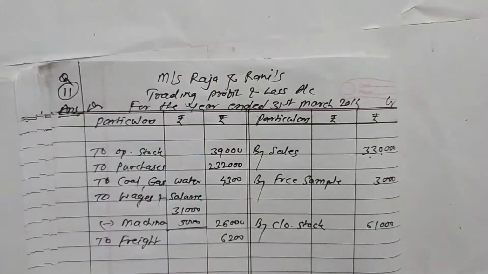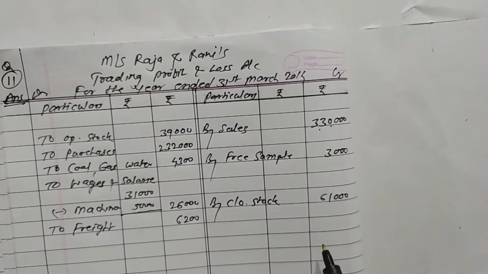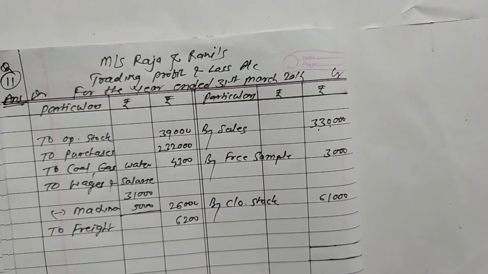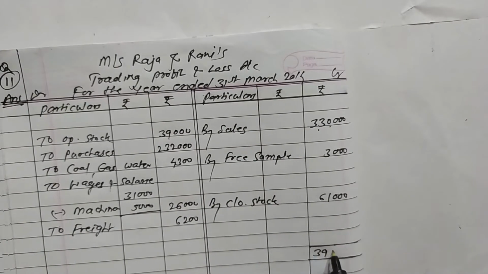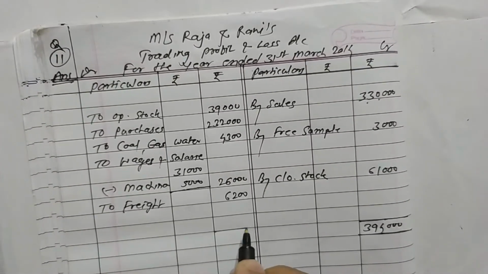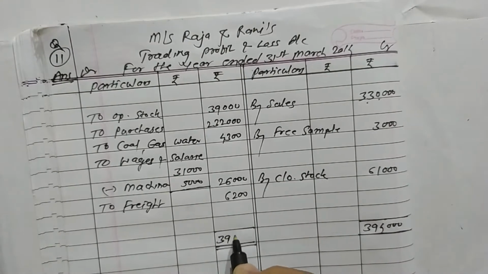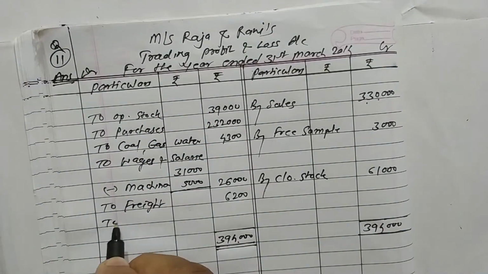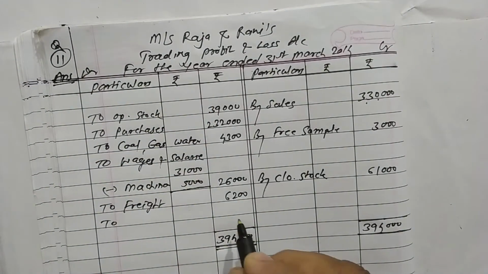Okay, nothing else. We go to close the trading account. The total of the credit side comes to rupees 3,94,000, and write 3,94,000 on the debit column also. From this we have to subtract all of these items, and the answer is called GP, rupees 86,500.